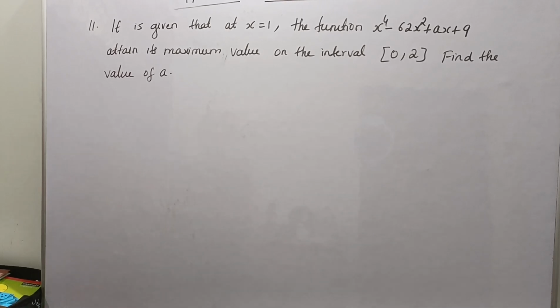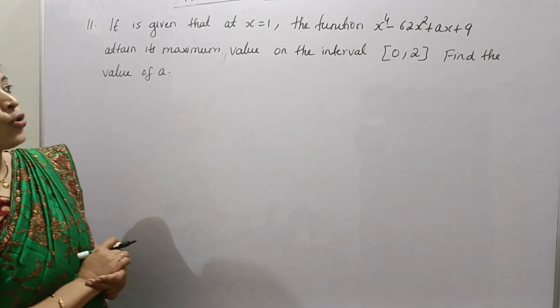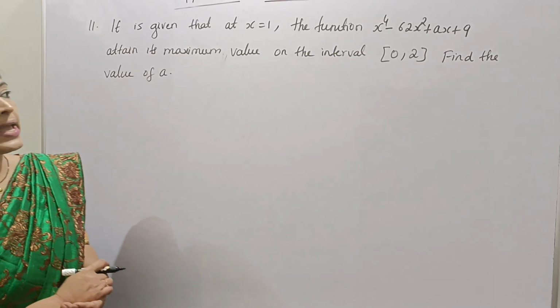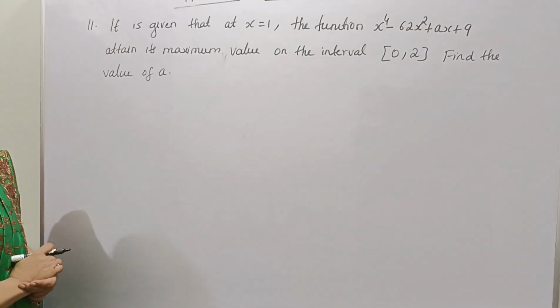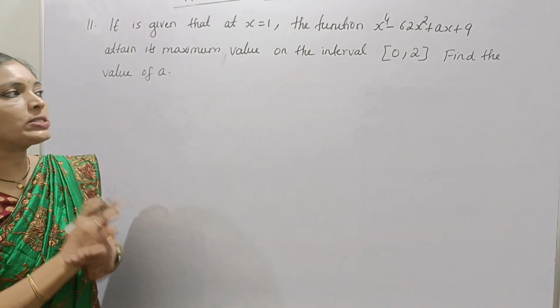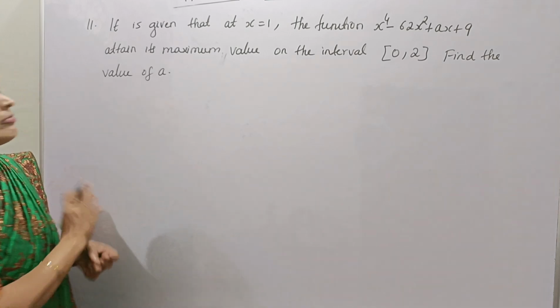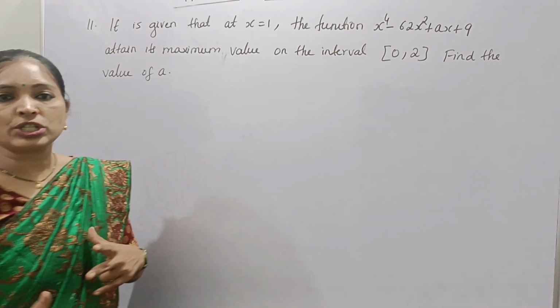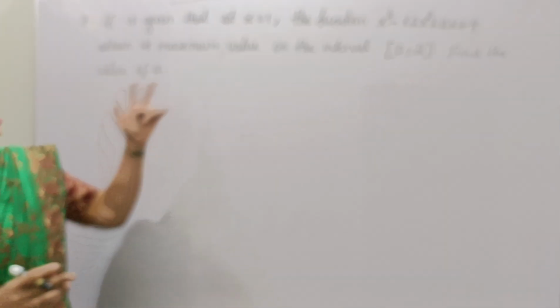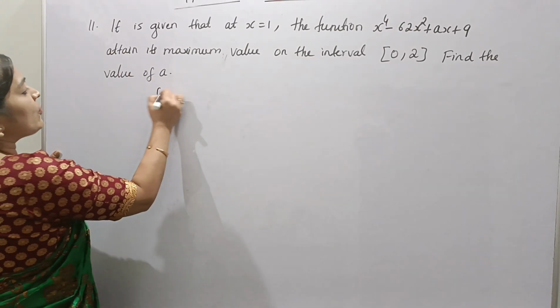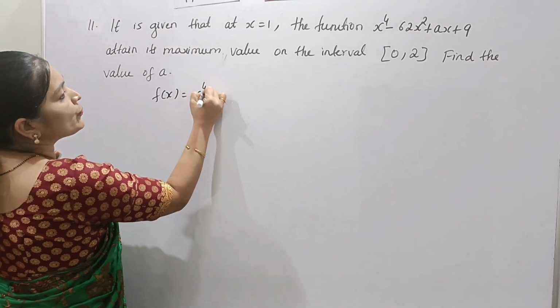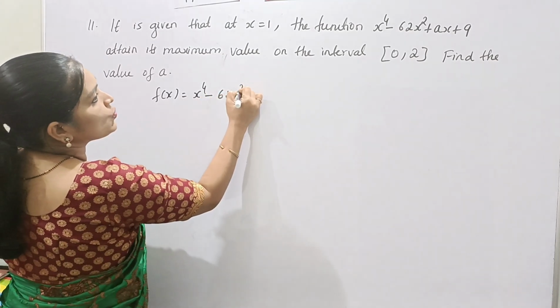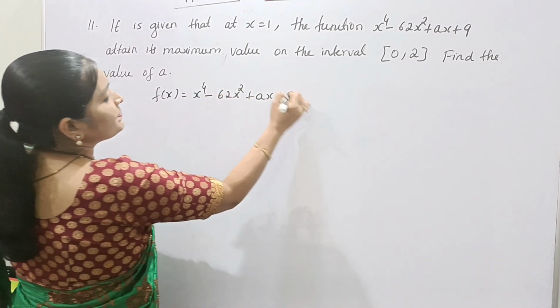It is given that at x is equal to 1, the function x raised to 4 minus 62x square plus ax plus 9 attains its maximum value on the closed interval 0 to 2. Find the value of a. Already given, at this point the function attains maximum. So the function f of x is equal to x raised to 4 minus 62x square plus ax plus 9.